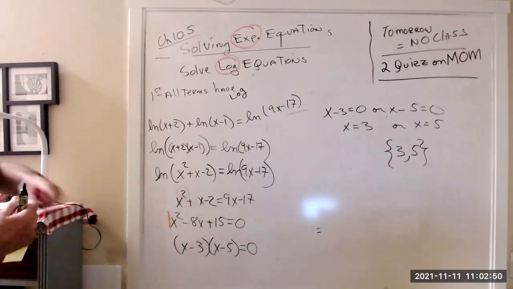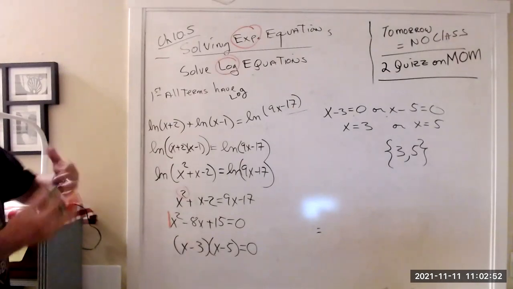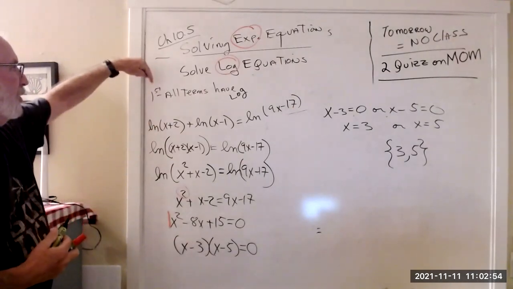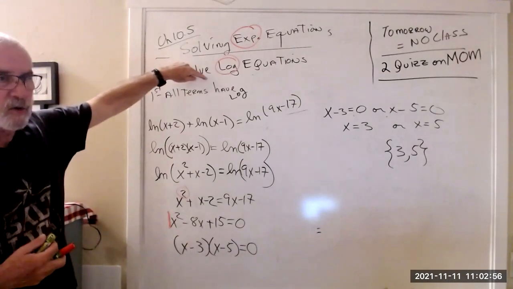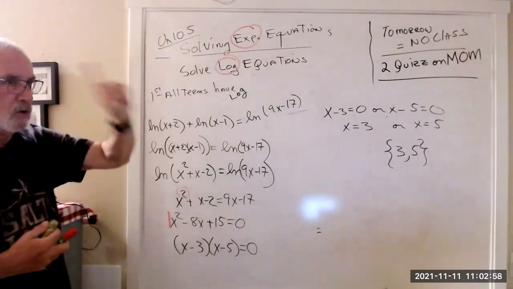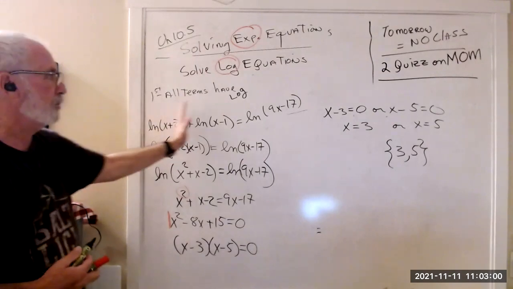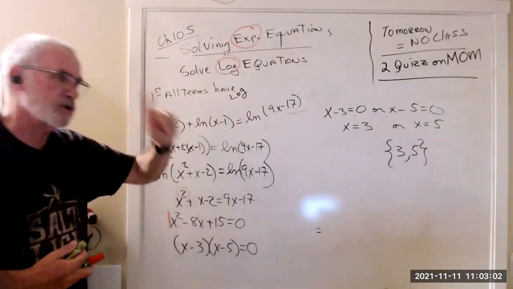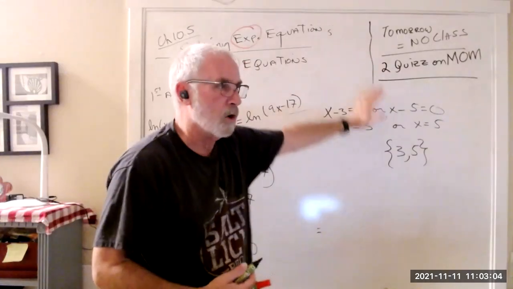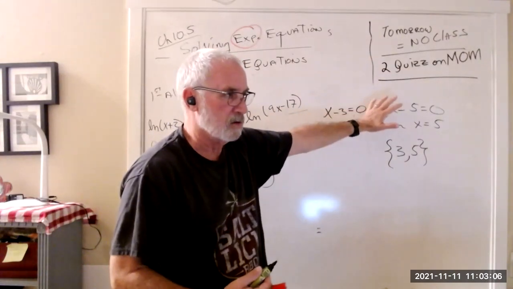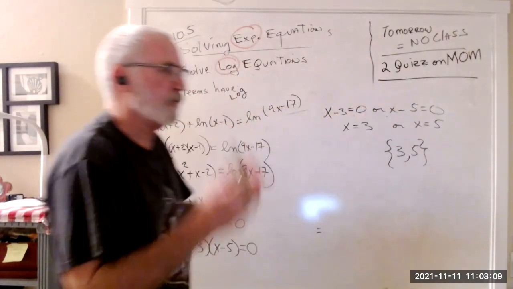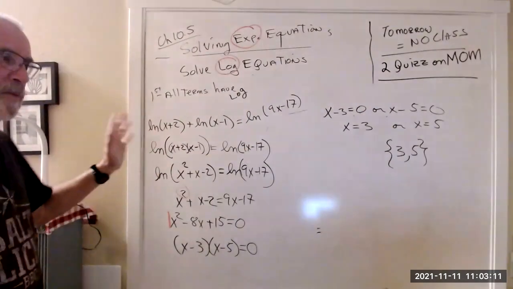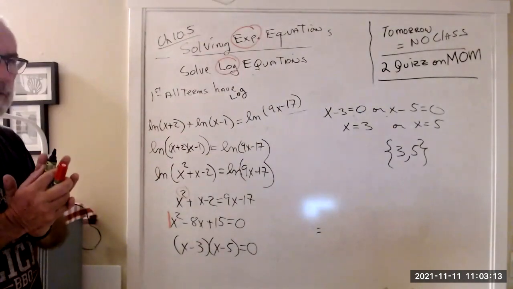But this is basically the other half of that. Remember I said there are 2 types of log equations you're going to run into. First type, all terms have a log. Second type, one term is missing a log. My first step in either of them was to condense them as much as I could.